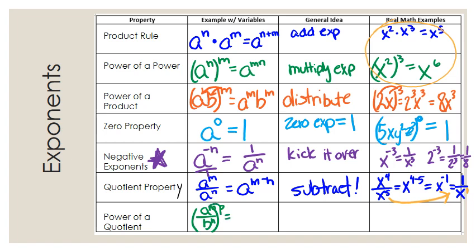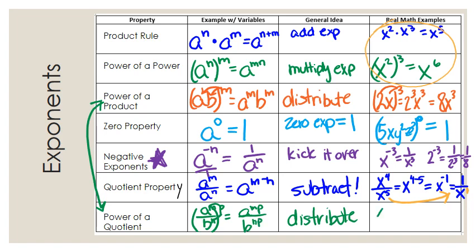That means I distribute both the top and the bottom, and I'm going to multiply the exponents again. So very similar to the power of a product, if you take a look at those. So I'm going to distribute would be my keyword, right? So now I've got a to the m times p and b to the n times p.